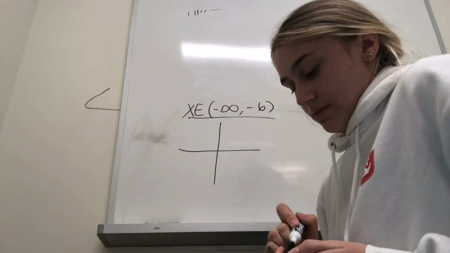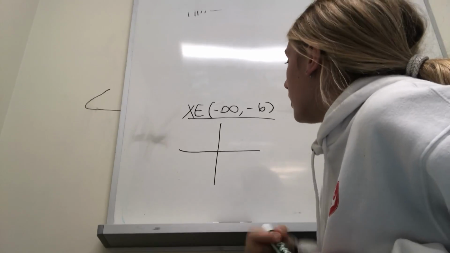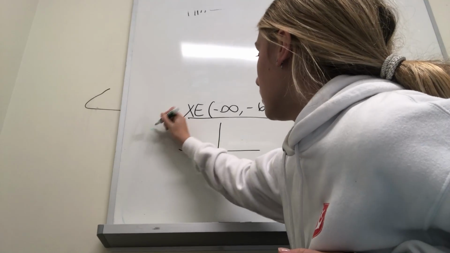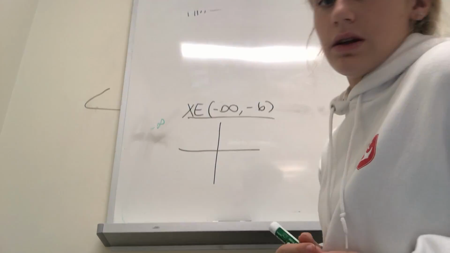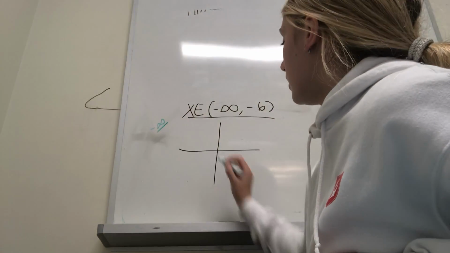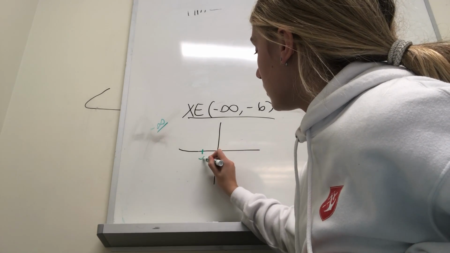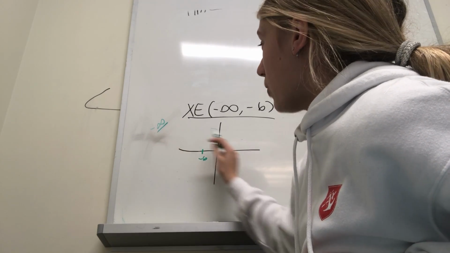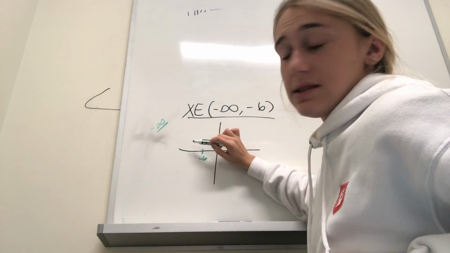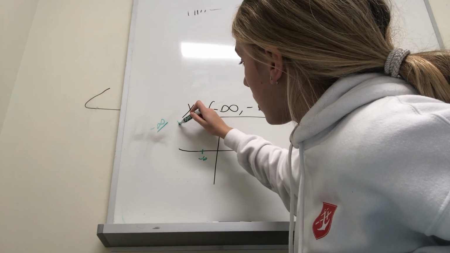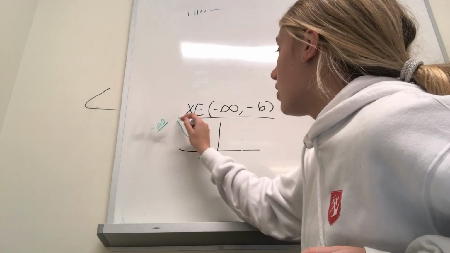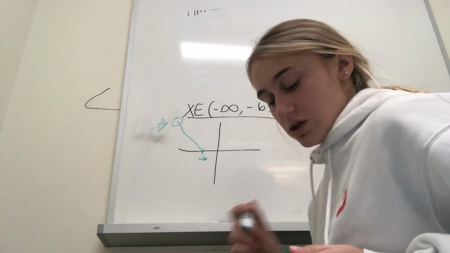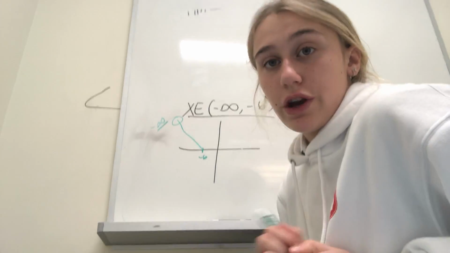It tells us that from negative infinity, which we'll say is over here, to negative 6, it'll be positive, so above the x-axis here. So the line will come down like that to negative 6, always being positive. This tells us half of the long run behavior.